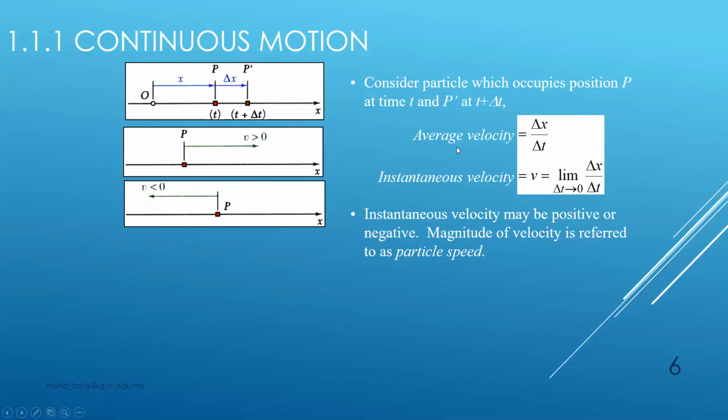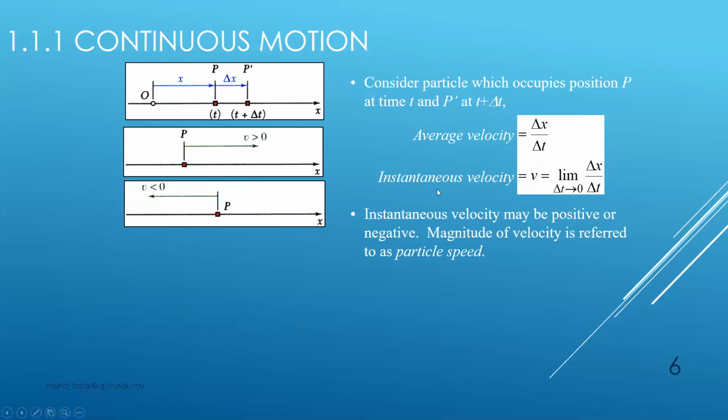Okay, if you would like to look into the average velocity from point P to P prime, you simply get the delta x over delta t, the distance traveled.